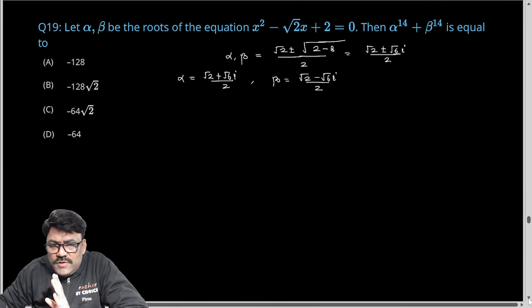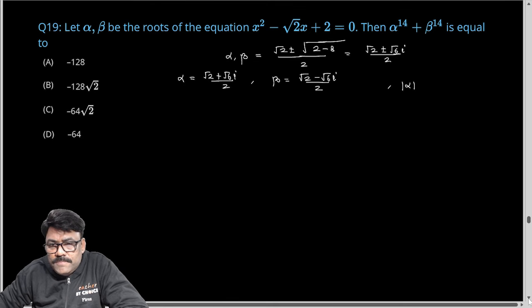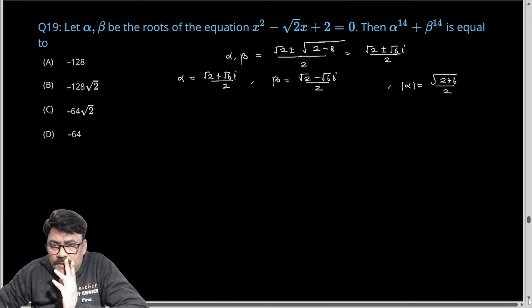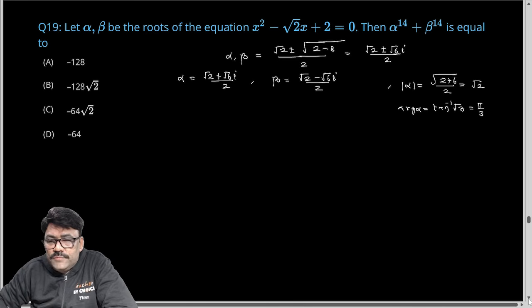If I check the modulus of these roots, mod alpha, that will be under root 2 plus 6 by 2, so ultimately it is root 8 by 2, root 2 is the modulus. And if I check the argument of alpha, since it is lying in the first quadrant, the argument will be tan inverse root 6 by root 2, root 3, which is pi by 3. So its modulus is root 2, argument is pi by 3.